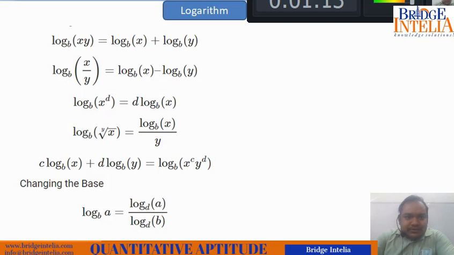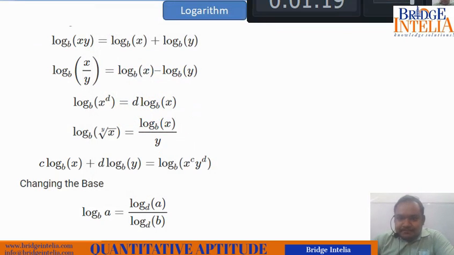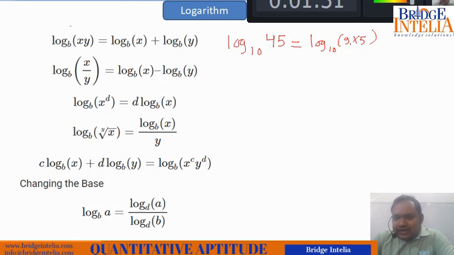Suppose you have log to the base 10 of, let's suppose, 45. If you realize that 45 is actually 9 into 5, so it is like log of a into b. This can be written as log of a plus log of b. This is known as the rule of product.